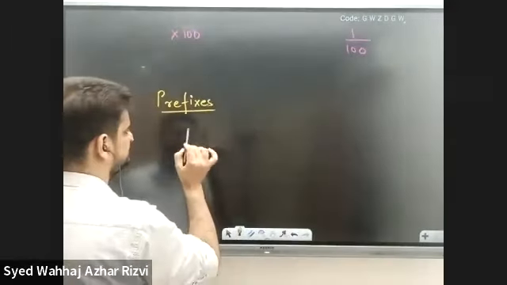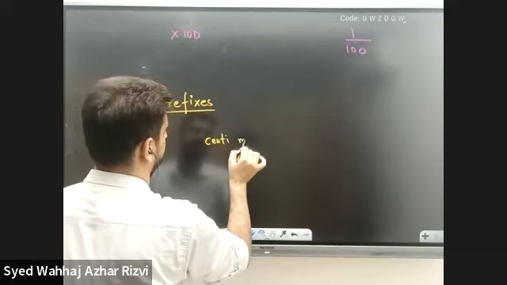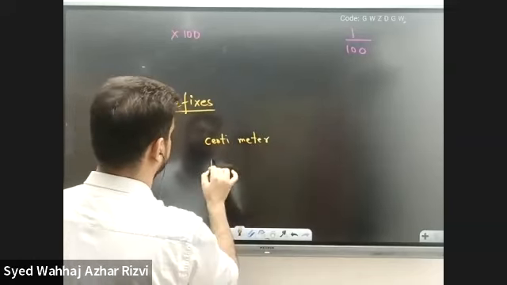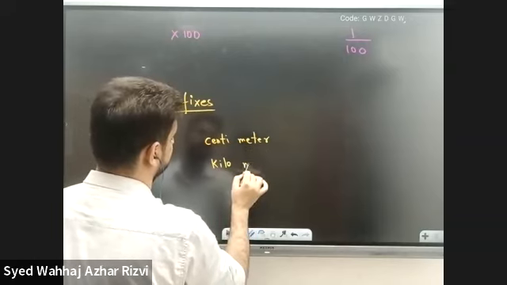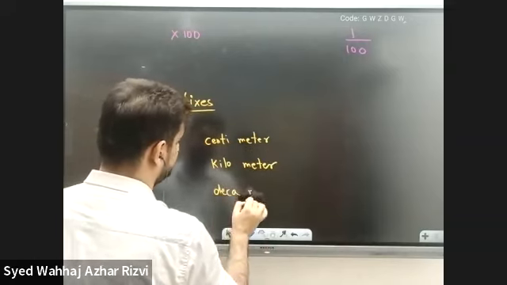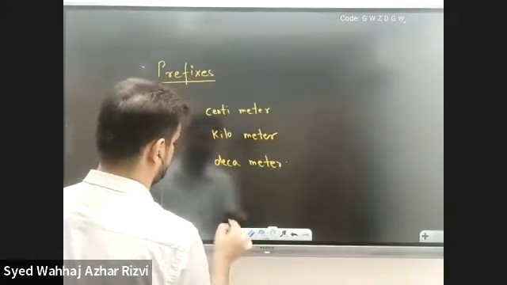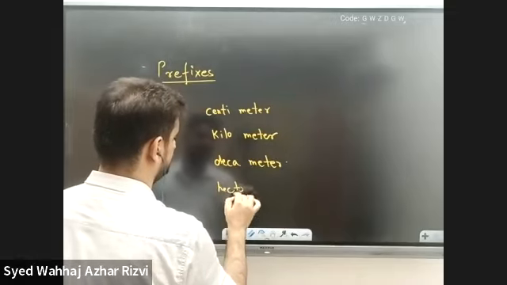We often see that somewhere it's written centimeter, kilometer, decameter, hectometer.